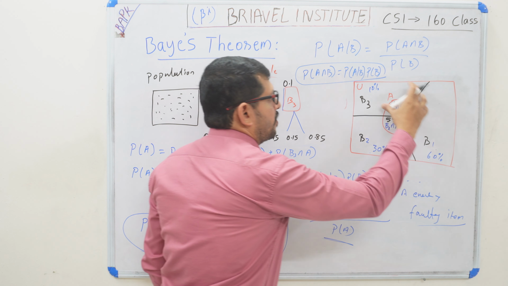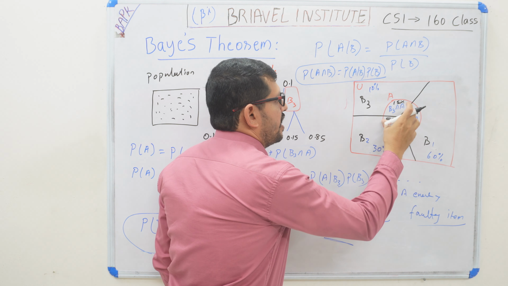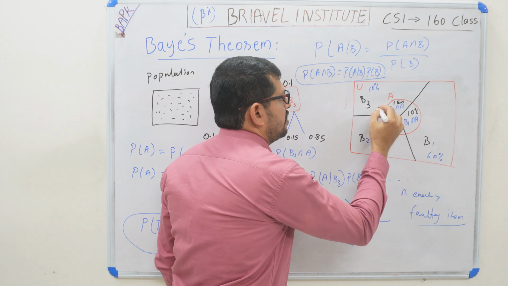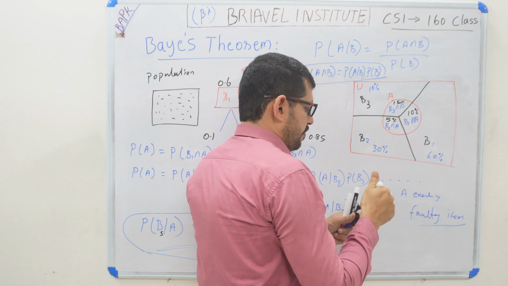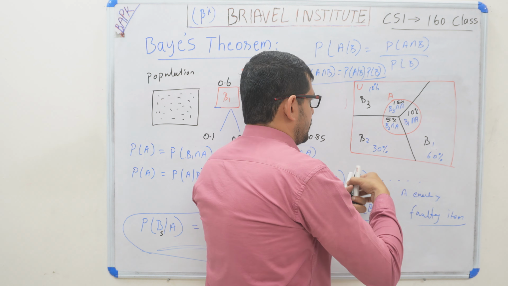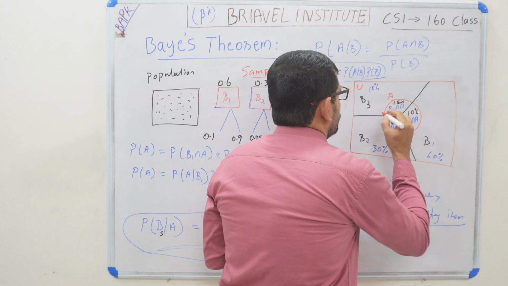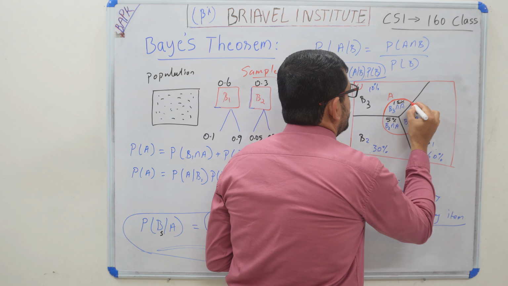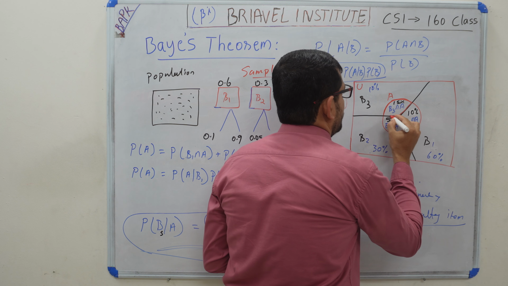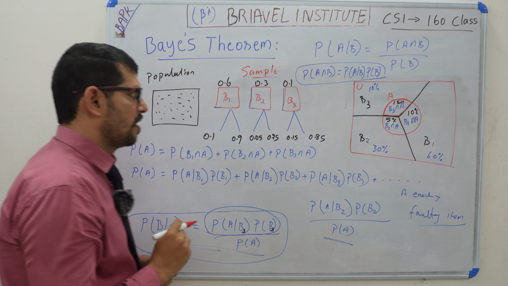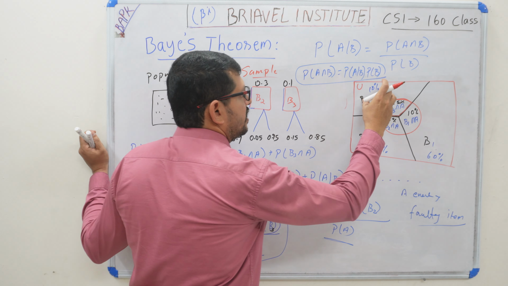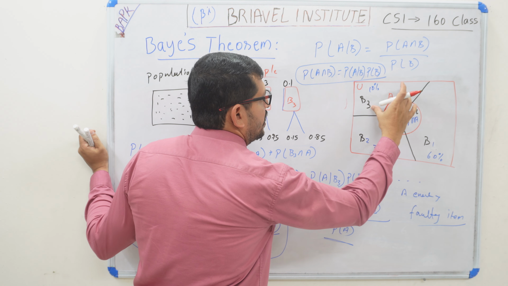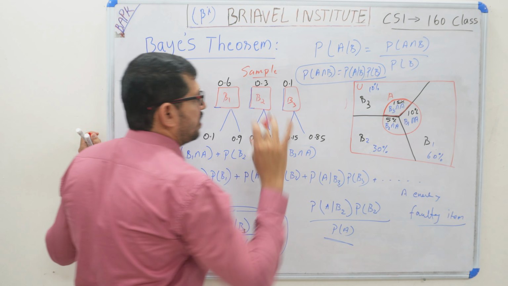The total probability of A is in the denominator, and this portion is asking about B3. So what is the probability of getting this portion, that is, of getting a faulty item from B3?